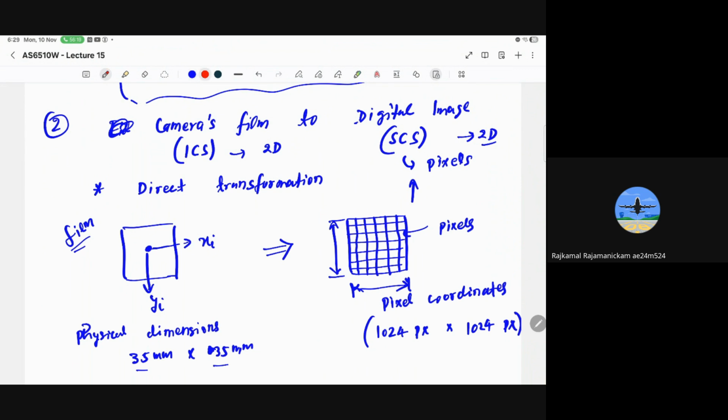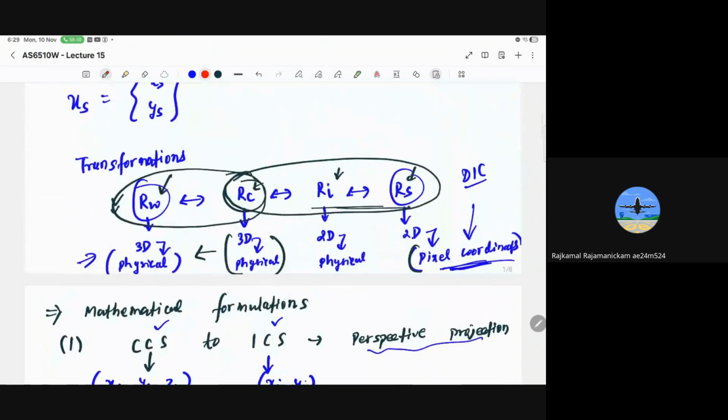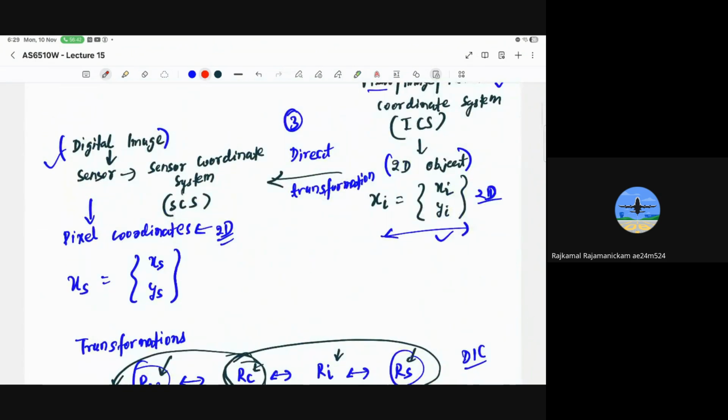Okay, and if you do a transformation, so if you take a point pi here, it will have a coordinate in the physical film. And then if you take some point in the image, let us say this is your xs and this is your ys. As we mentioned here, the coordinates of the pixels in the digital image are denoted by xs and ys, and for the physical film you have xi and yi.